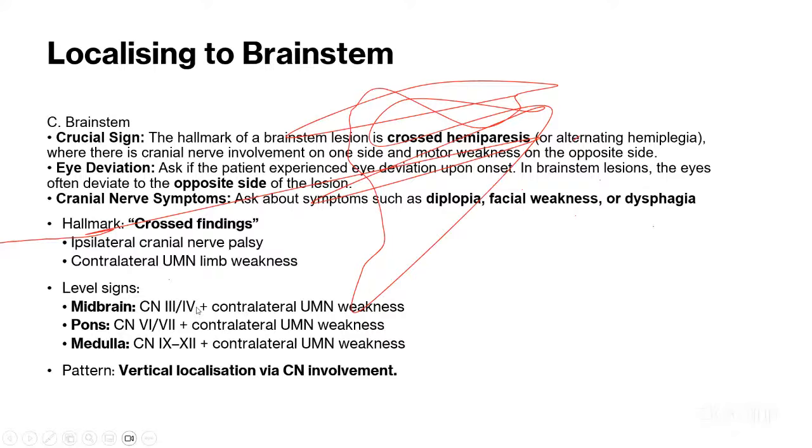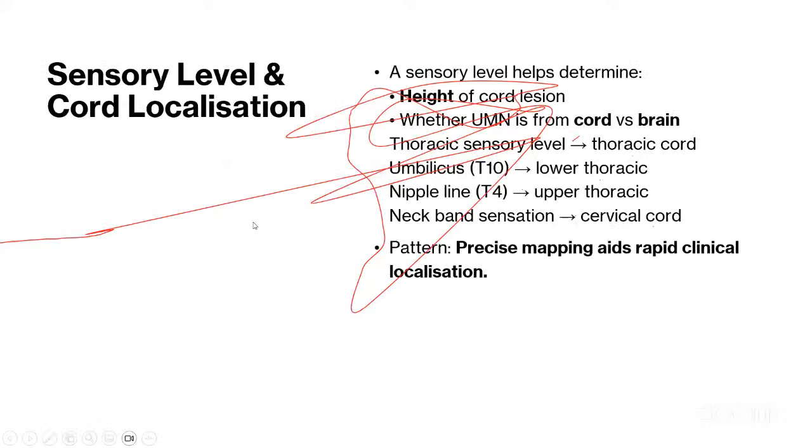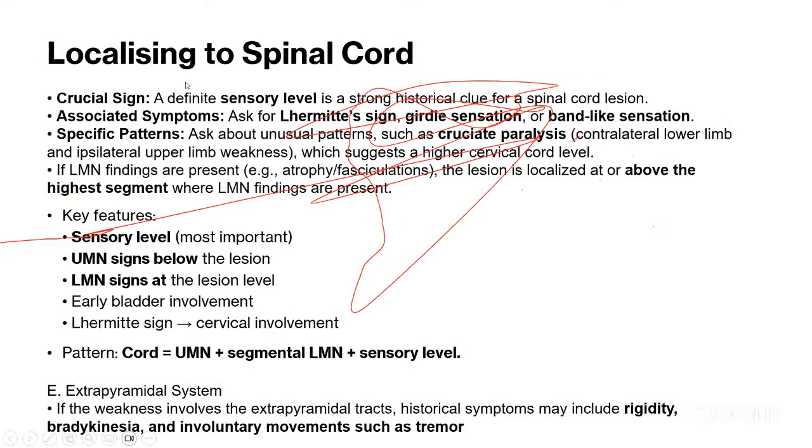If the third and fourth cranial nerves are involved with contralateral UMN weakness, it's the midbrain; sixth and seventh with contralateral UMN, it's the pons; ninth to 12th, medulla. So vertical localization via cranial nerve involvement is easier. To localize to the spinal cord, there will be a definite sensory loss.